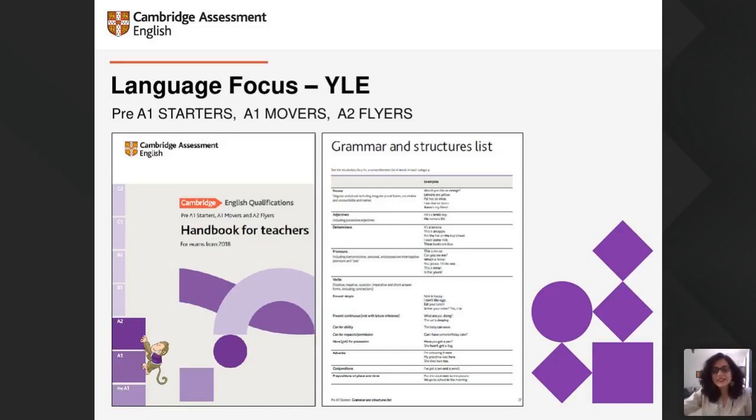In this list, you have the grammar elements, the grammar areas, and the functional language. So on one side, you have the grammar area, and against it, you have the grammar structures that the candidate at that level needs to be aware of or needs to use accurately, right? So this is your language focus.